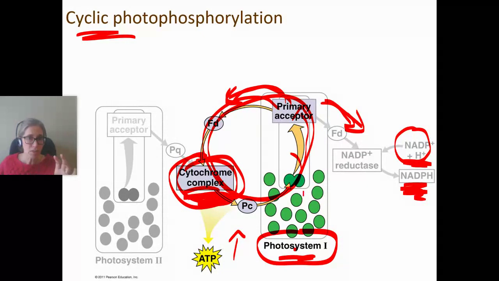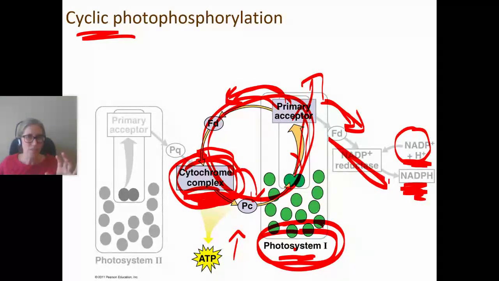So you still have photons bumping the electrons up to a higher energy level, and those are still going through an electron transport chain. It's just a different electron transport chain. It's that first one instead of the second one. And so the electrons are still going to more and more electronegative molecules, releasing energy. That energy is still used to make a proton gradient. It pumps protons through, right, hydrogen ions, and that still makes ATP.